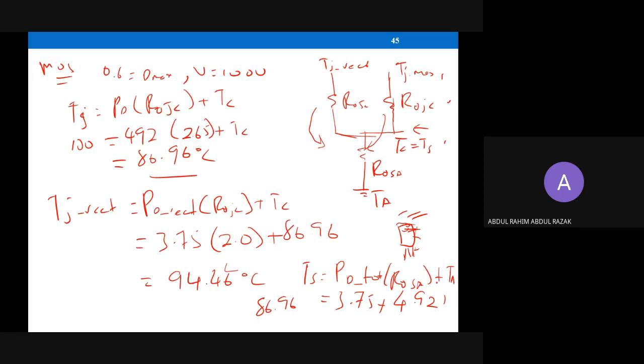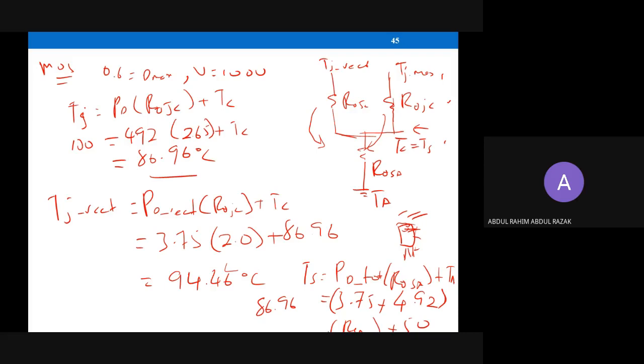So this is PD, times RSA, plus TA of 50. So it will end up that your thermal heat sink is 4.26 degrees C per watt.